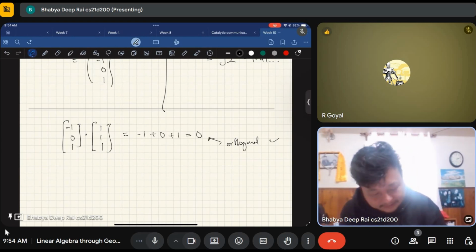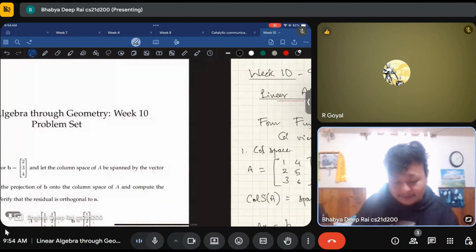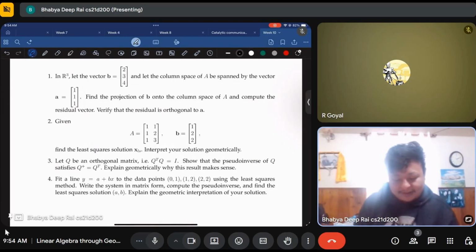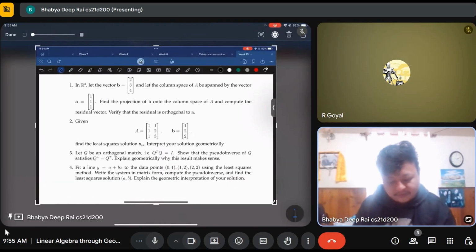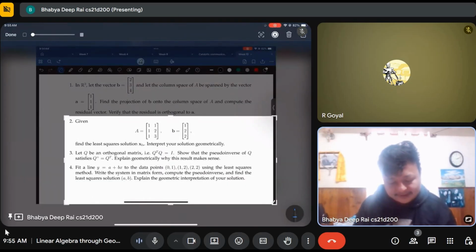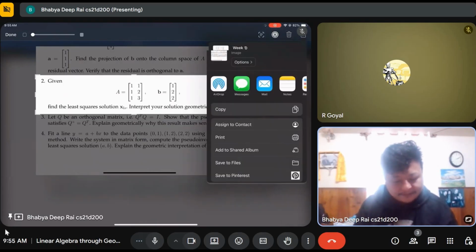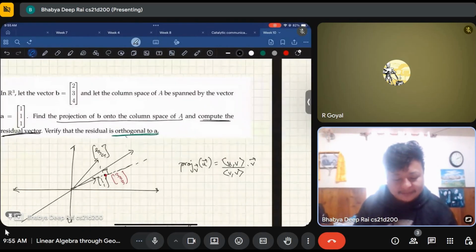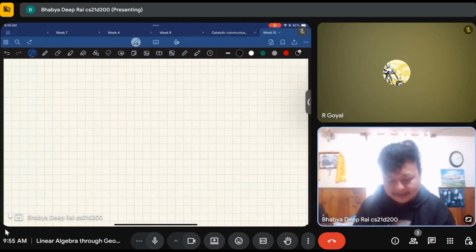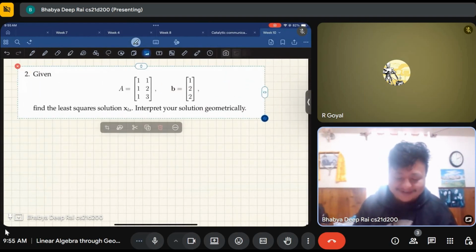Okay, good. So now we move on to finding least squares in a more complicated scenario where the plane is not just a line, it's a plane.